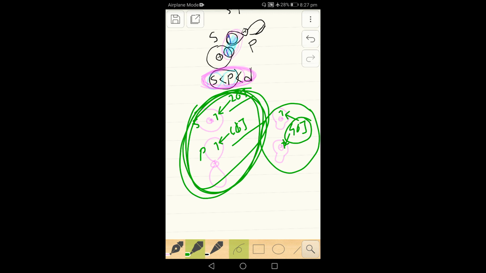So when hybridized orbitals overlap with each other, forming covalent bonds, the bonds are really very strong and very stable. We call these bonds sigma bonds.